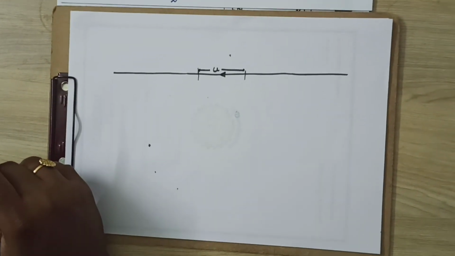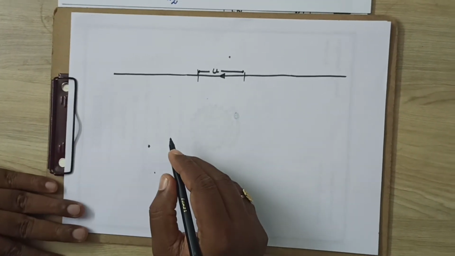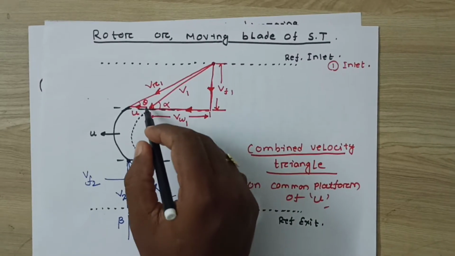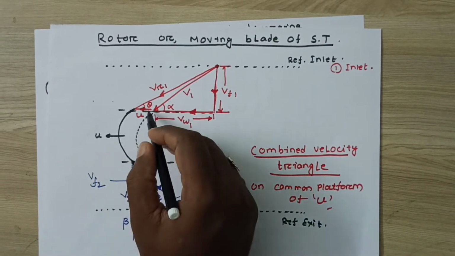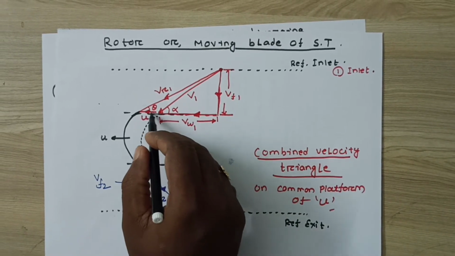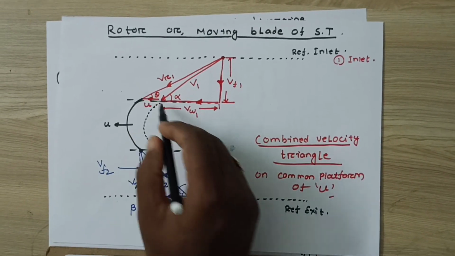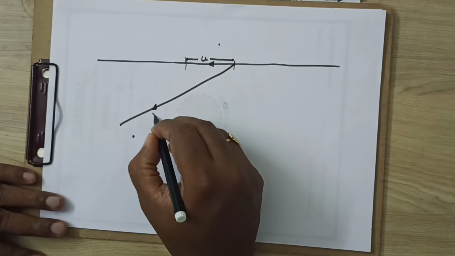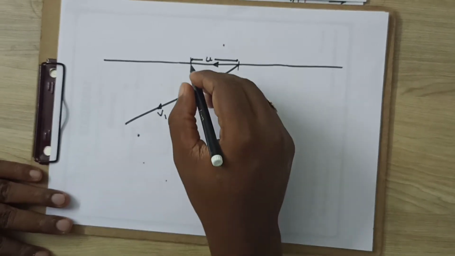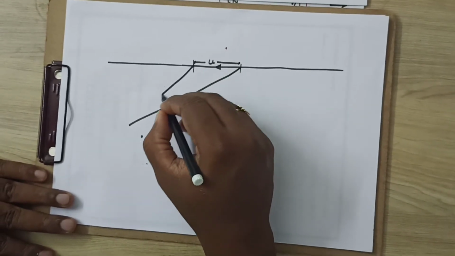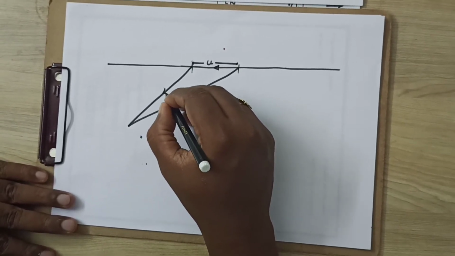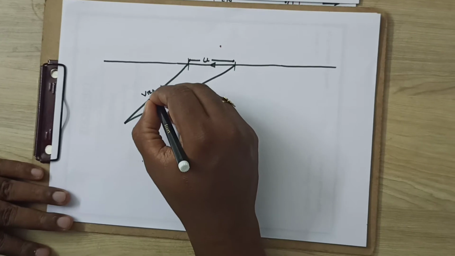Okay. So you see, from this tail section this V1 is coming, this is the U, so this is the tail and this is the head. So here it will be V1. Very simple, this one, V1, and this vectorial summation will be VR1.